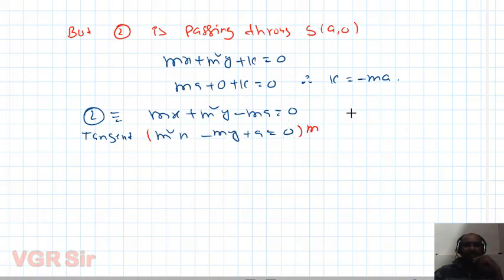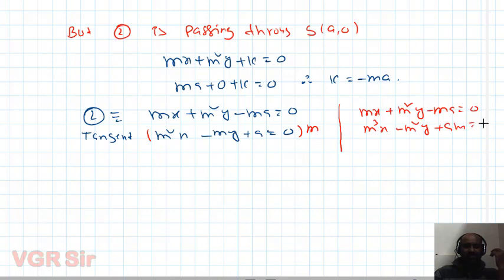So again I will rewrite here mx plus m square y minus ma equal to 0, and m square x minus my plus a equal to 0. Multiplying the tangent equation by m, I get m cube x minus m square y plus am equal to 0. Just add these two. These two get cancelled, these two get cancelled. So what happens? x times (m plus m cube) equal to 0.